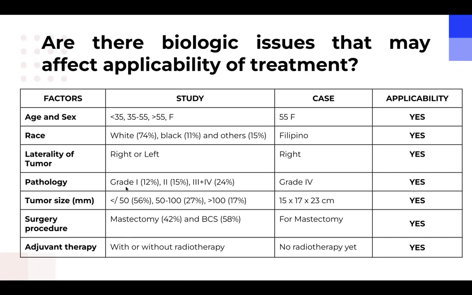Pathology grade, the following were all considered: grade 1, grade 2, grade 3, and 4. So it is also applicable in our patient, as well as the tumor size, since the patient presents with 15 x 17 x 23 cm, and the surgery or the procedure that was done, which is both mastectomy and BCS. And our patient is currently for mastectomy.